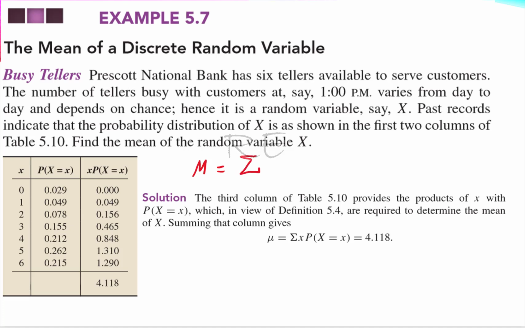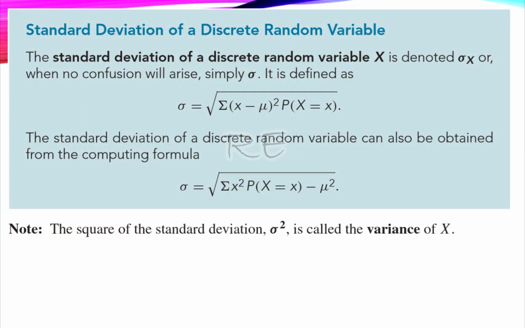And the mean is just the sum of the third column. The mean is the sum of x times P of capital X equal to x. Therefore, the mean is 4.118.